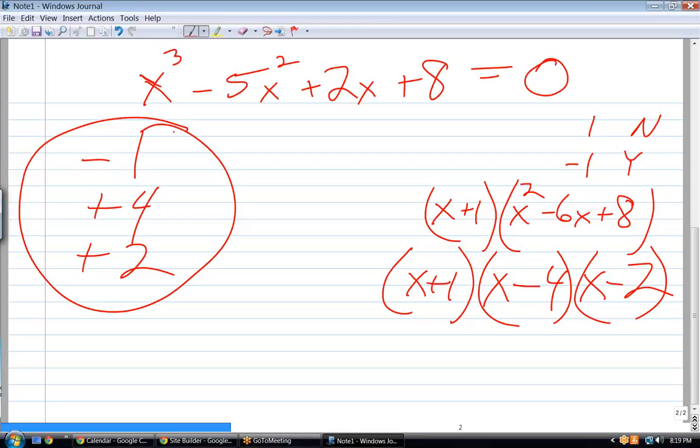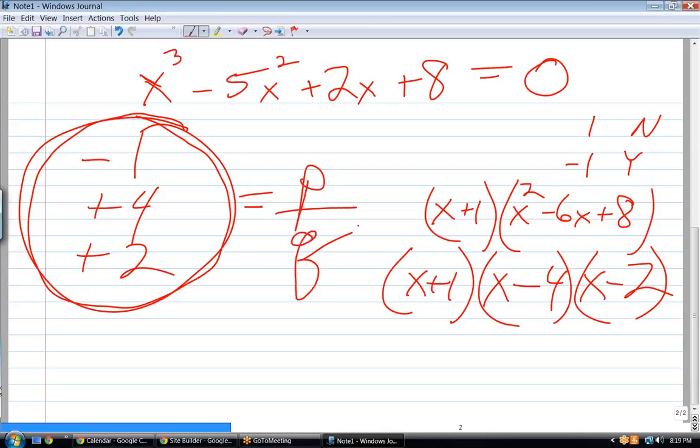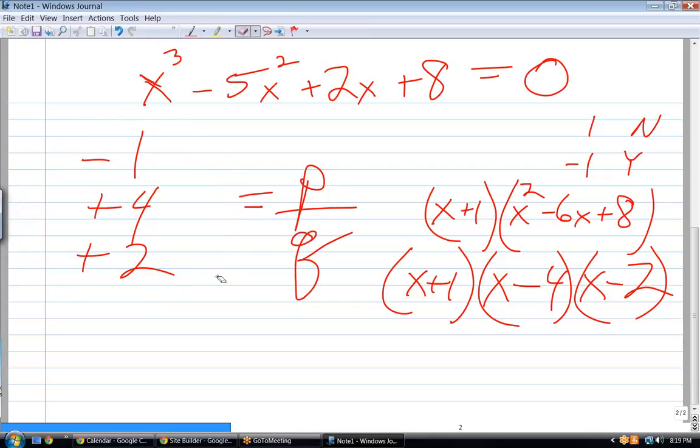But notice that all three of these solutions do fit the P over Q. So we could have found all three solutions had we continued to test all 8 possibilities. I think it was just a little faster doing it this way once we found one.